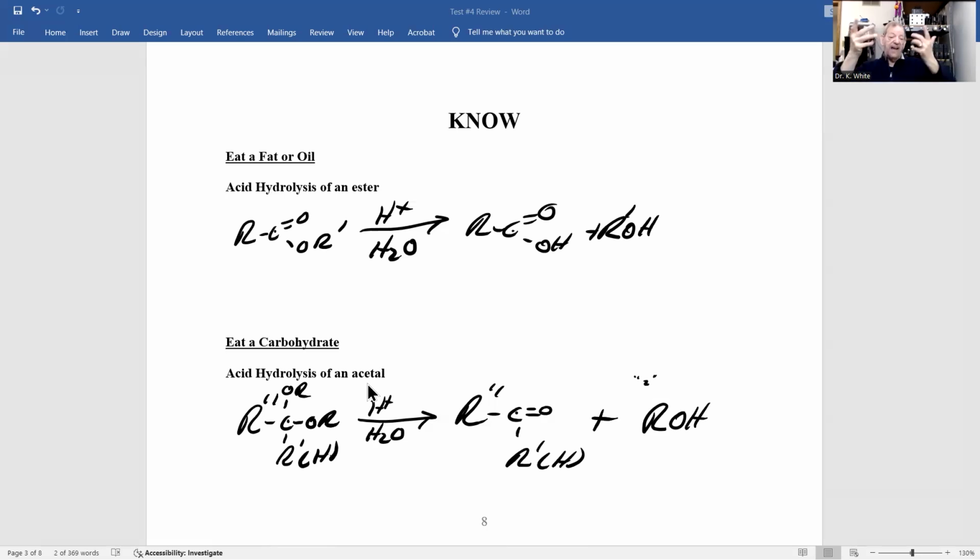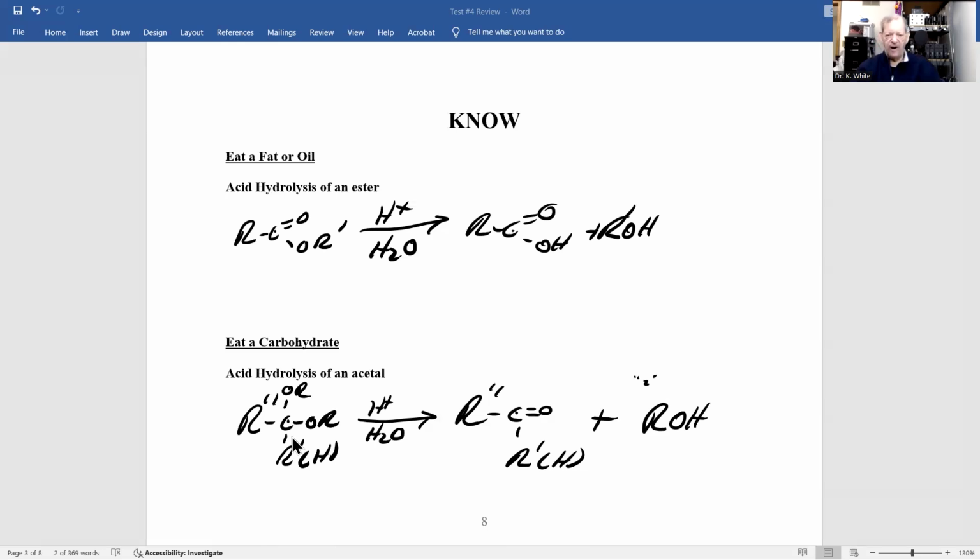And in your stomach, acid and water, so it's acid hydrolysis of an acetal. And here, the general reaction I taught you for test 2, acetal or ketal, acid and water, get back to ketone or aldehyde, plus the alcohol. And if you want to put a little 2 there, you can, you don't have to. And the alcohol you would have used to make that acetal or ketal.